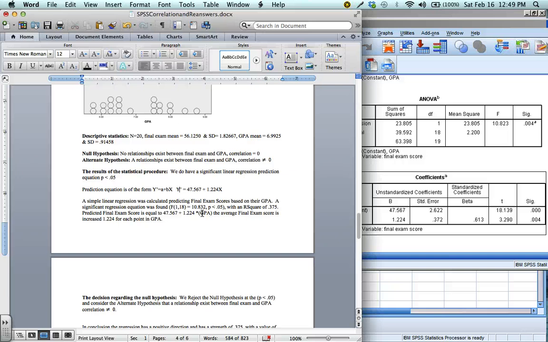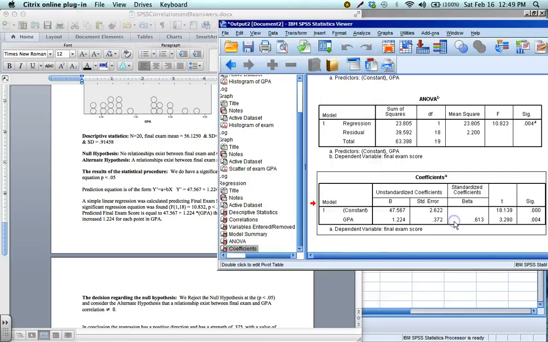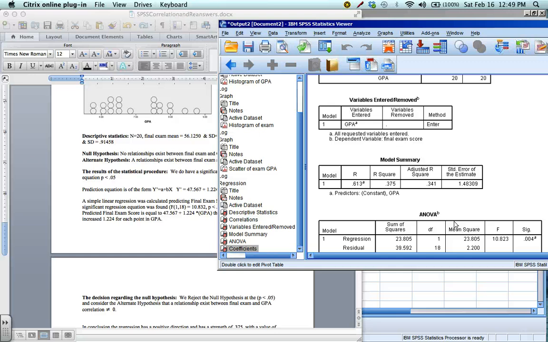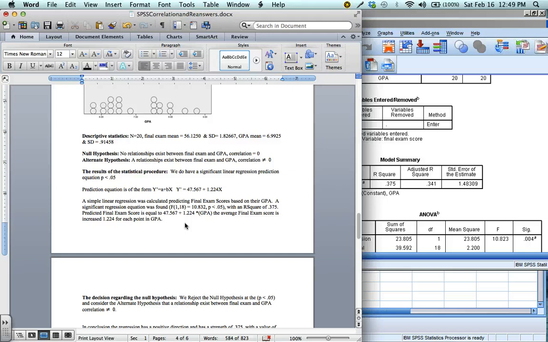We want to make sure we report the r squared, which is 3.75 here. I'm sorry, it's not our standard error, but our model is 3.75. And then we had the predictive exam scores.